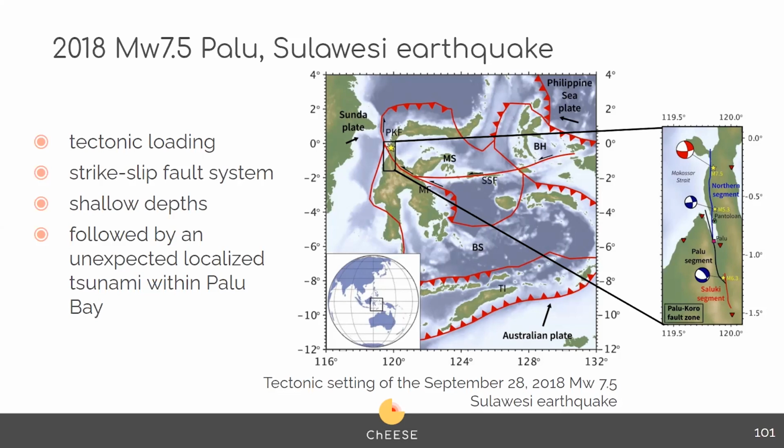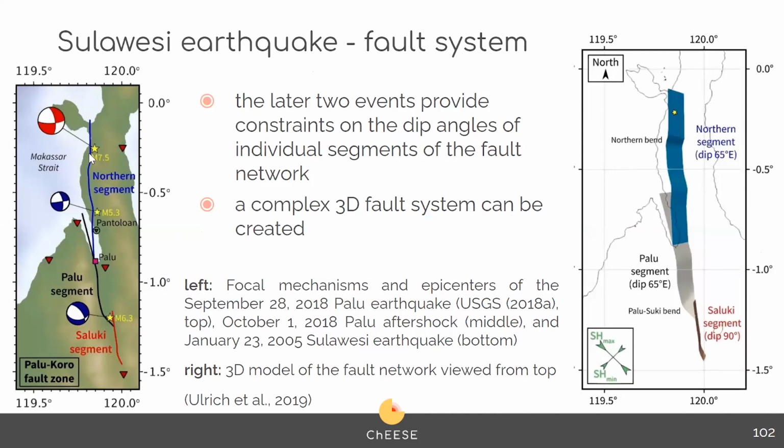Here you can see again this fault system, and the main event, the upper event, the 7.5 event, was followed later on by two smaller events, a 5.3 and a 6.3 event. Those events provide us constraints on the dip angles of the individual fault segments that you can see here at the right-hand side.